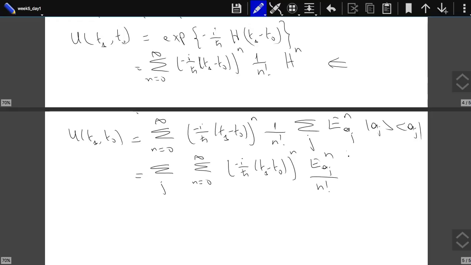Well, it depends. For example, if you have degeneracy, let's say the Hamiltonian acting on state A is E times A, the Hamiltonian acting on B is E times B, then the Hamiltonian acting on any combination of A and B is equal to E times alpha A plus beta B. So as long as a ket is an energy eigenket, it's stationary.